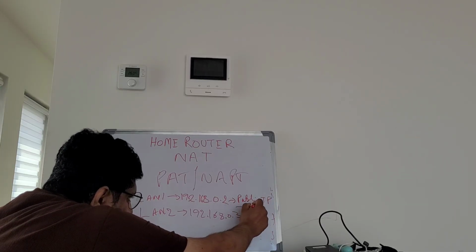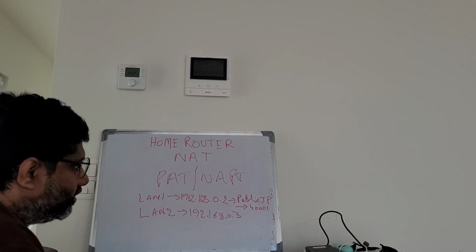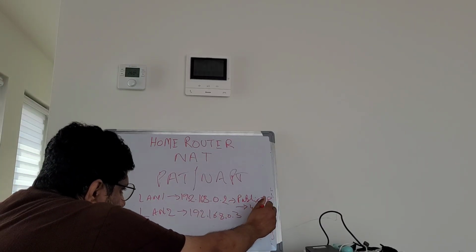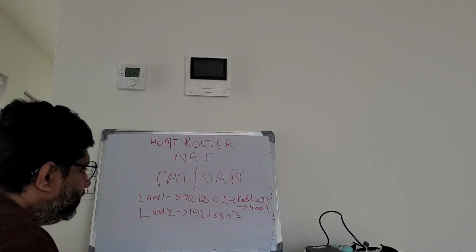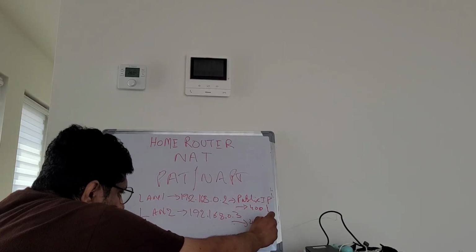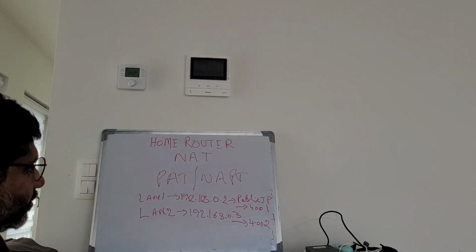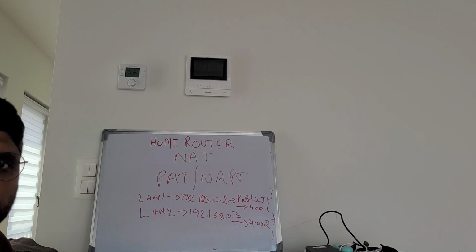but the transport layer protocol port will be different. For example, you take 4000, you say 4001, but this one same public IP address, but it will be 4002. So only the port is translated, right? So this really solves the IPv4 depletion problem, right?